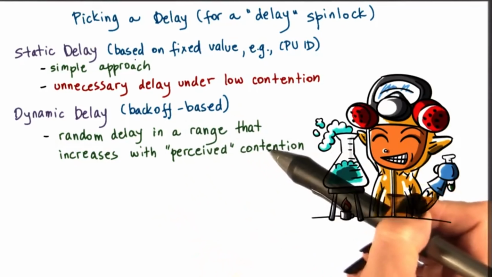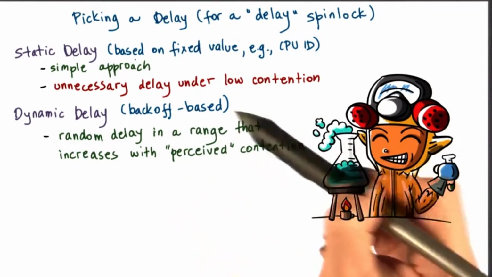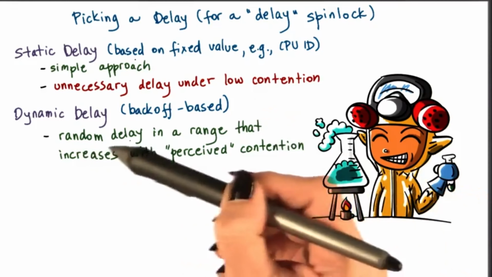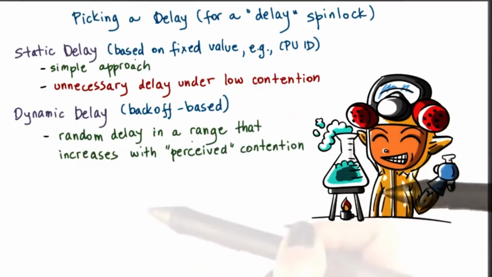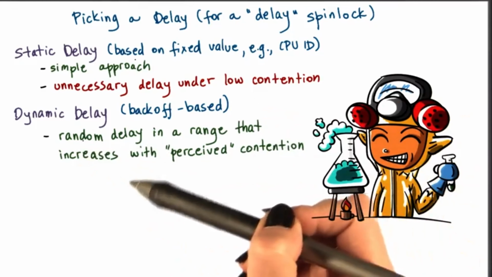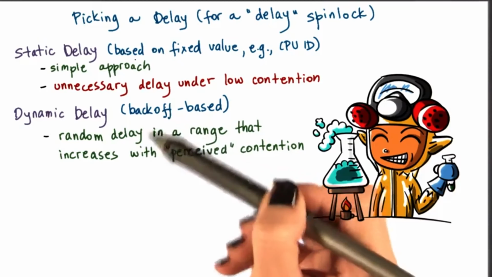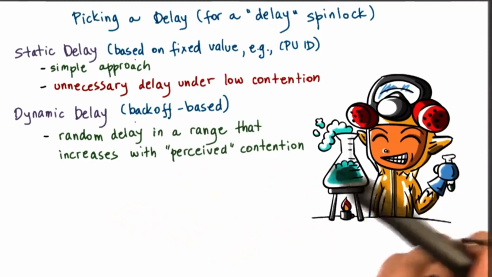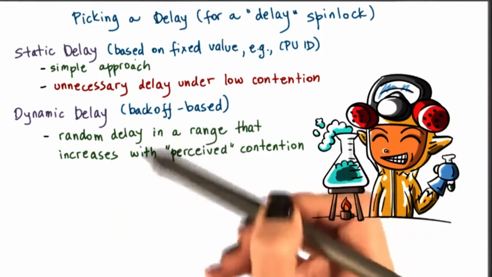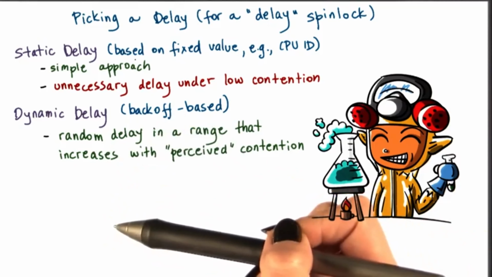And if the system is operating in a mode of large contention, then this delay range will be much larger. So with the random selection, some processes will back off a little bit, whereas other processes will delay for quite a bit of time.